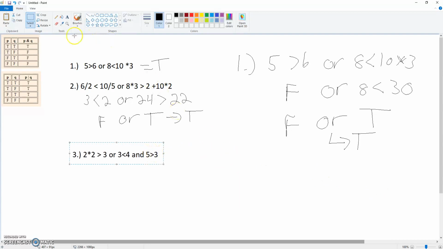And let's go ahead and do number 3. So we're going to have 2 times 2 is 4, less than 3, or 3 less than 4, and 5 greater than 3.